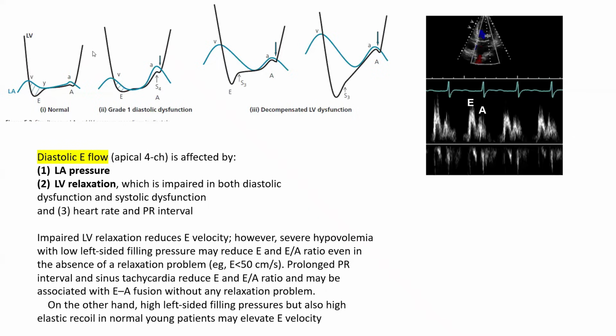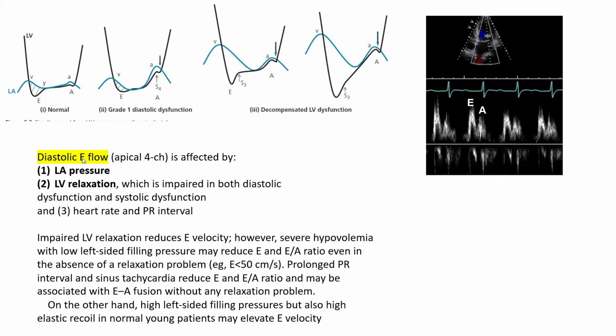So if you have impaired LV relaxation with normal LA pressure, you will have a small E. If you have impaired LV function and relaxation in systolic or diastolic heart failure, but you have a big LA pressure with decompensated heart failure and overwhelmed LA compliance, you will have a big E wave.